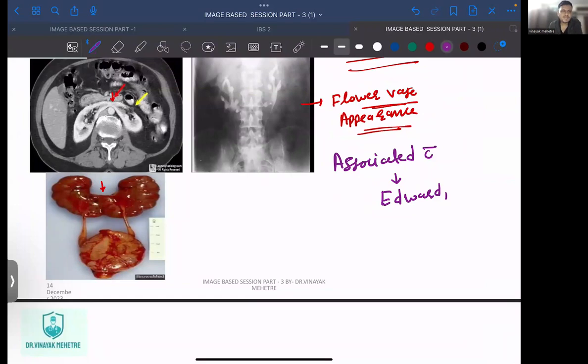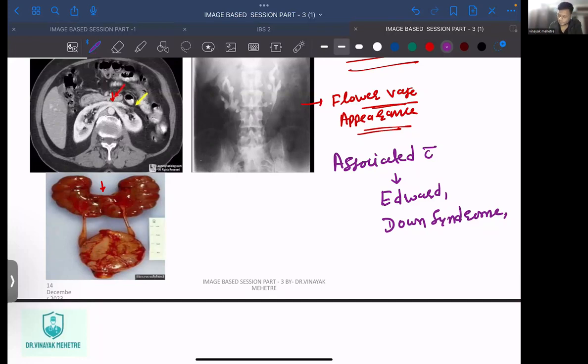See, when you don't know the answer, which syndrome is associated, remember Down syndrome. Whatever question comes, if you don't know the answer and want to mark it blindly, a guess, that is going to be Down syndrome. Okay? So over here also, for any kind of question, if you don't know the answer, it is Down syndrome.